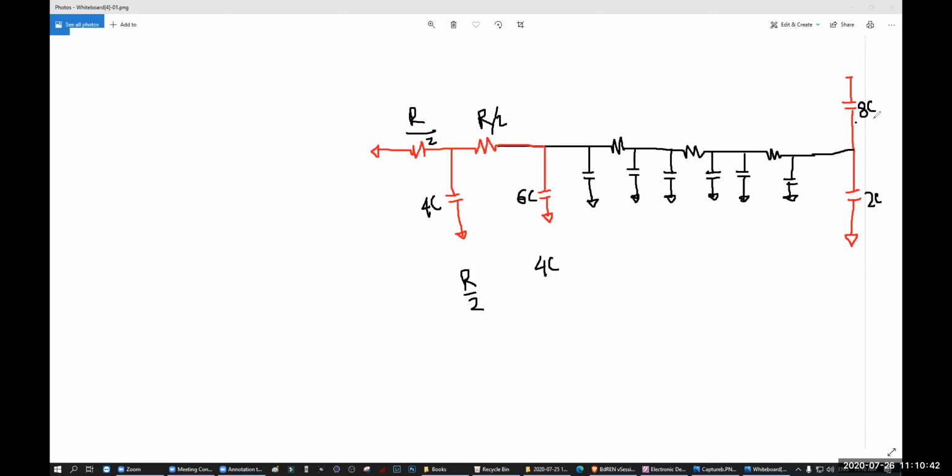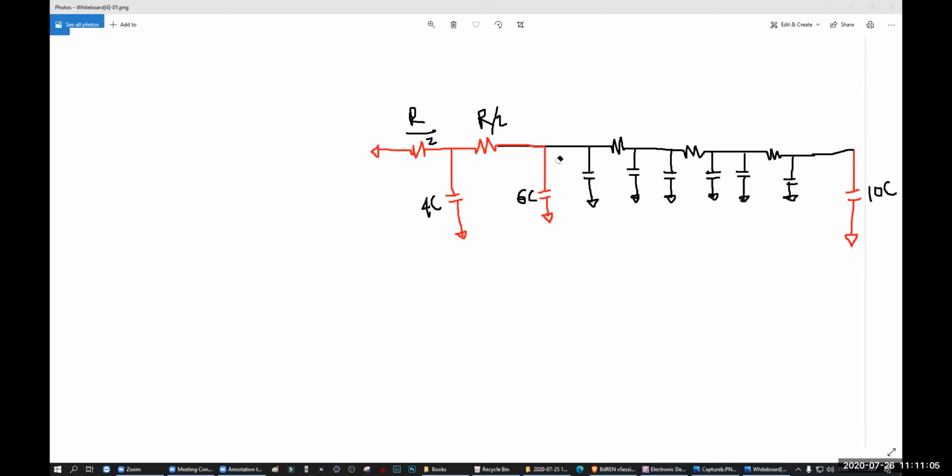Now this 8C and this 6C, they will become 10C. Okay? R by 2, no need. Done. Our circuit is done.